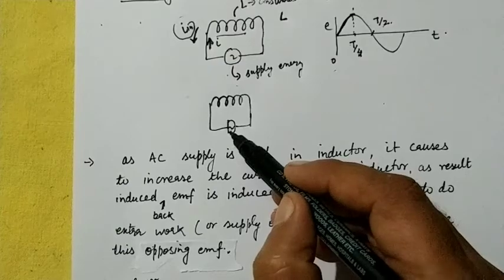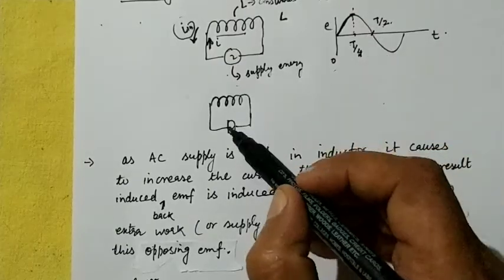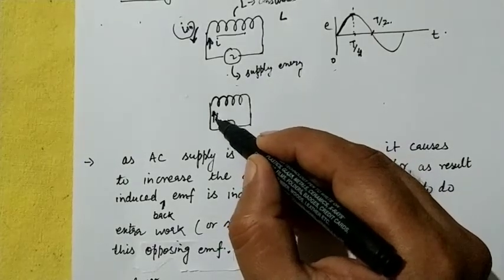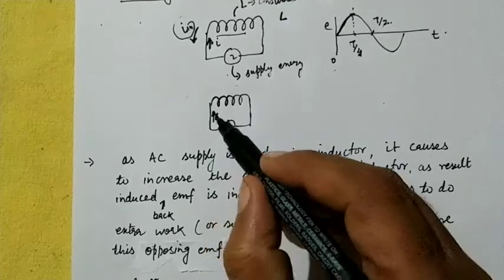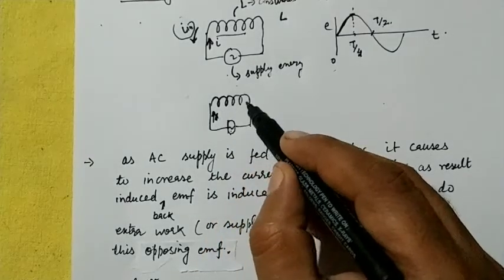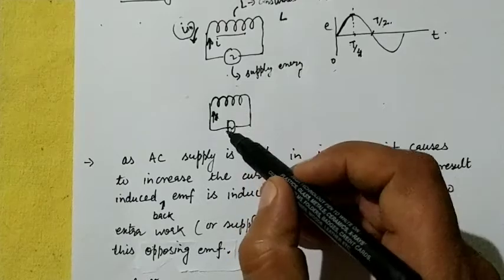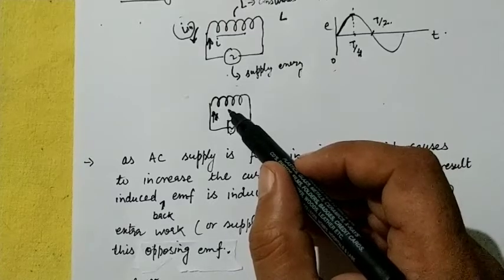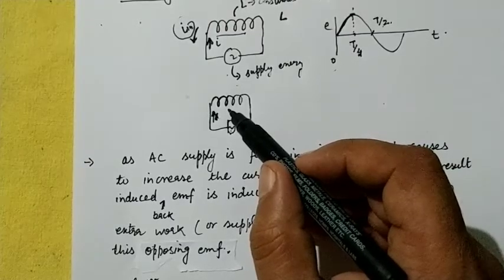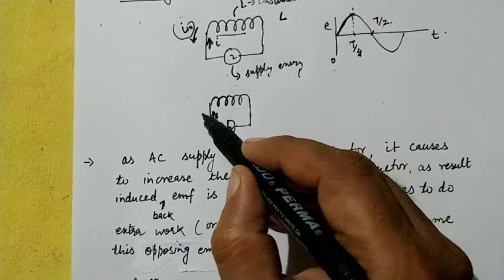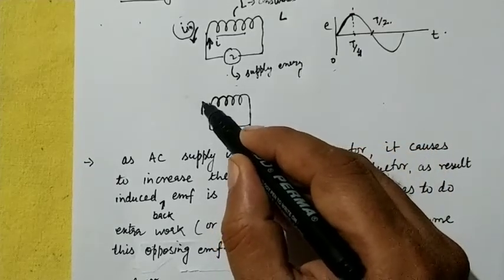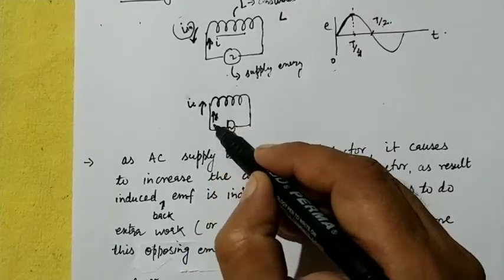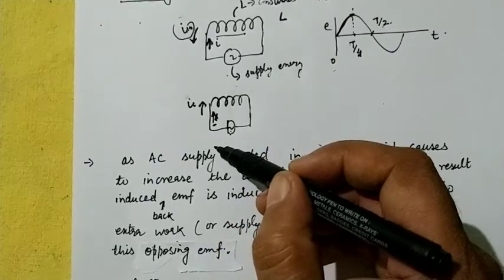As the voltage supply is decreasing, the conventional current also decreases, so there is a decrease in the magnetic flux linked with these coils. Lenz's law says that the induced EMF is produced in such a way as to oppose this decrease. So this is the case producing a current in the same direction. This is the direction of induced current if this is the direction of conventional current.